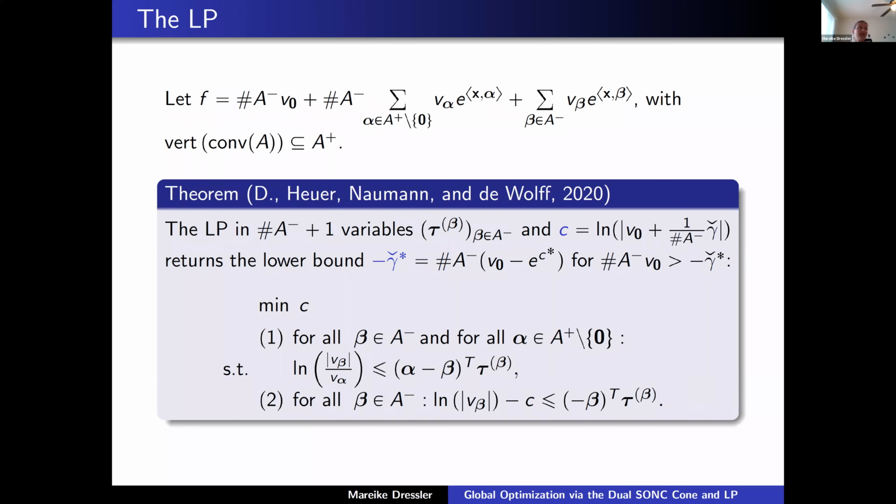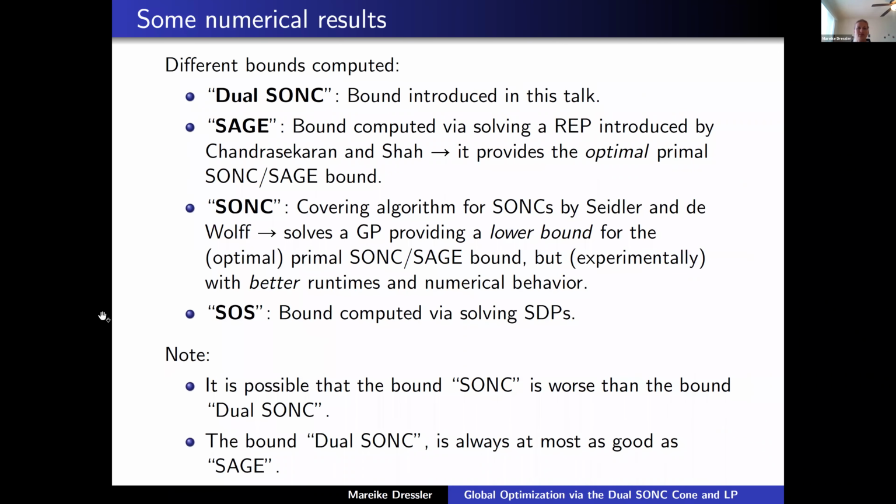So if we have, say, many interior points, it could be the case that it's slower than we maybe think. But clearly, since we have linear programs, it's numerically extremely stable. Okay, so this is the linear program. And I think now we come to the interesting part. So let's talk about some numerical examples.